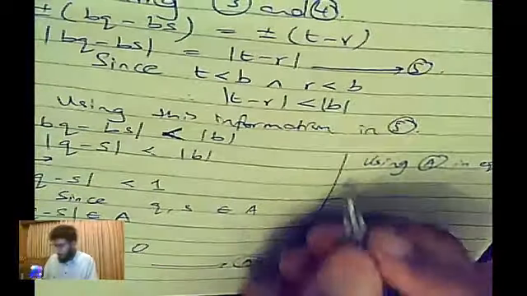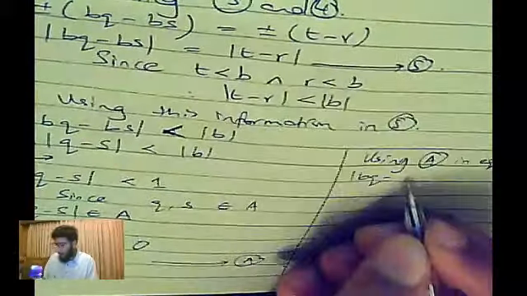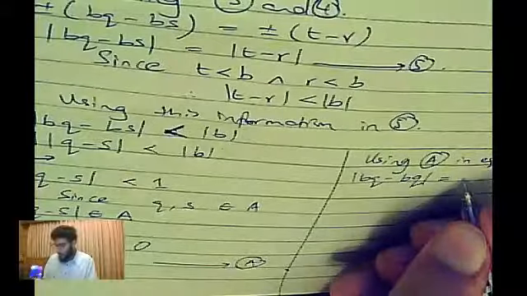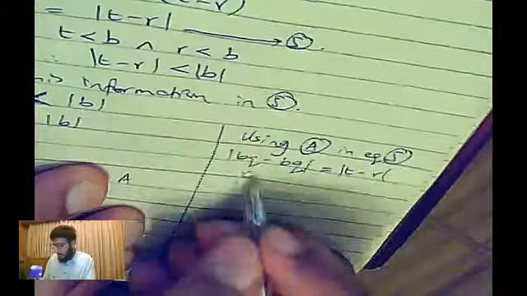So we have the modulus of B times Q minus B times S, but S equals Q, so we can write this equal to the modulus of T minus R. This results in 0 equals T minus R, and this implies T equals R. So A and B prove the uniqueness of Q and R.